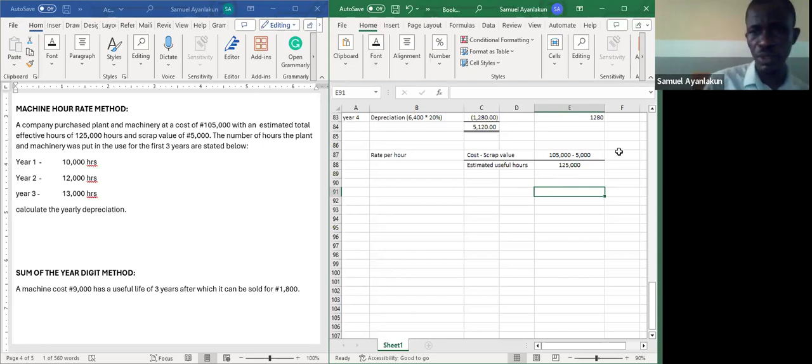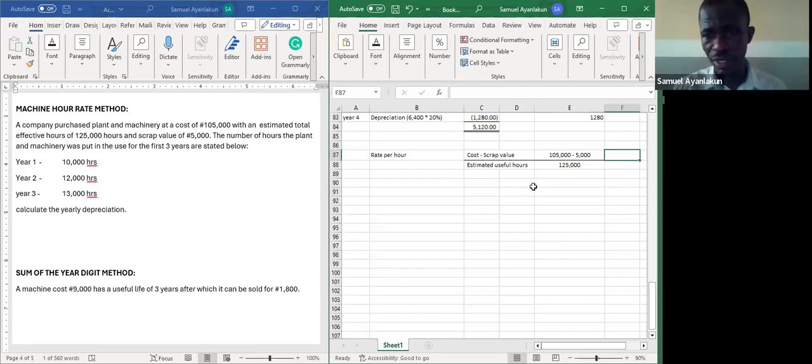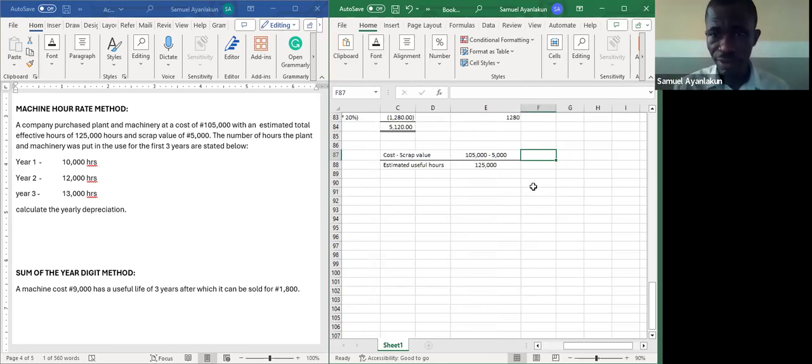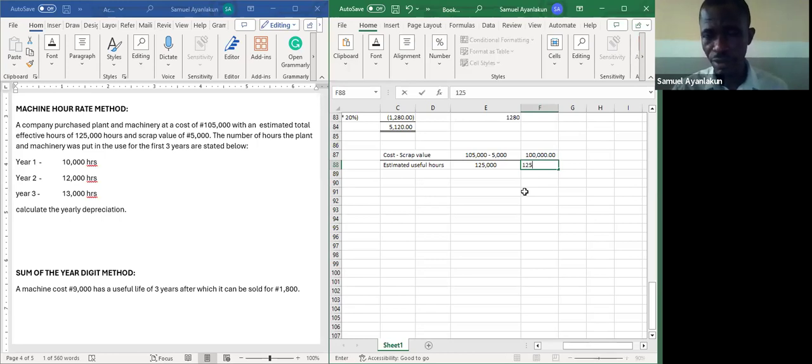So it means that we'll be having 105,000 minus 5,000, that's 100,000, divided by 125,000.